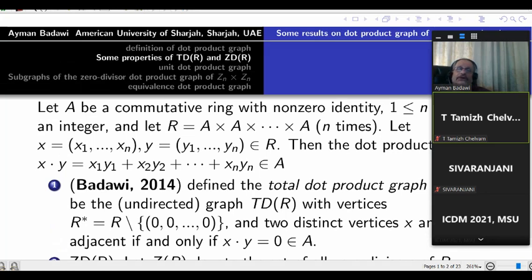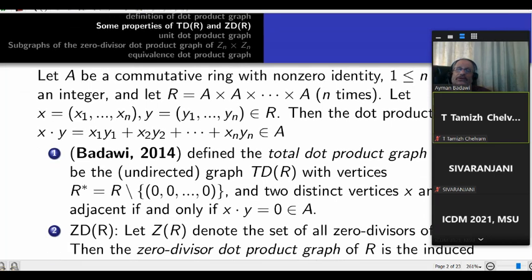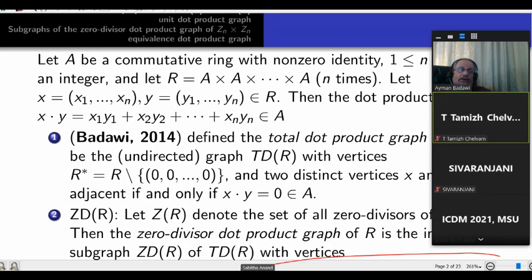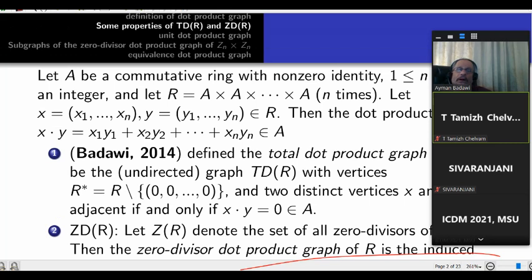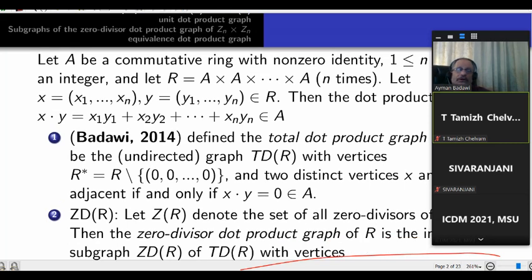We take away the zero element, and as usual we connect two vertices if the dot product is zero.